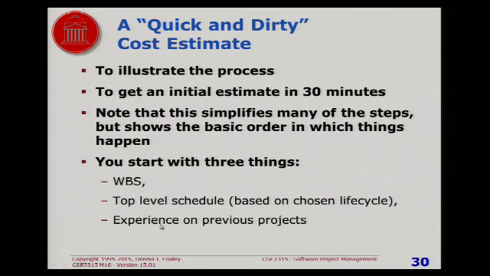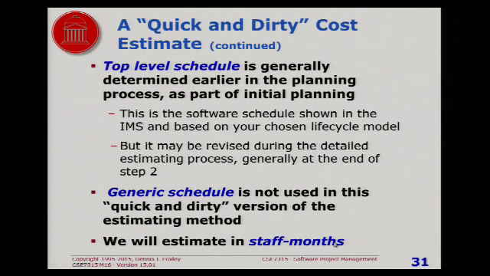So you have 2 of the 3. Now, here's how it works. The top-level schedule was developed as an early part of your planning activity. It may need to be revised, and in fact, your estimating process may give you information that tells you it needs to be revised, but it's a place to start.